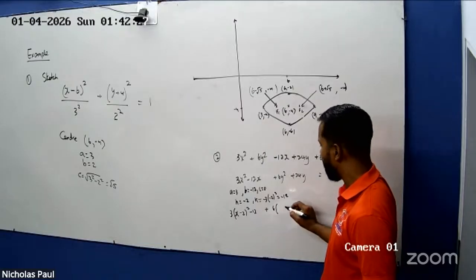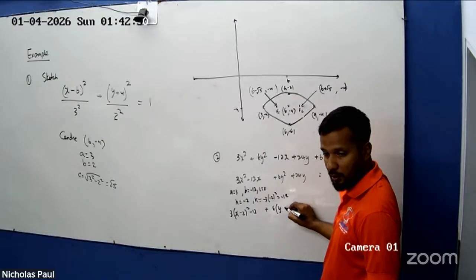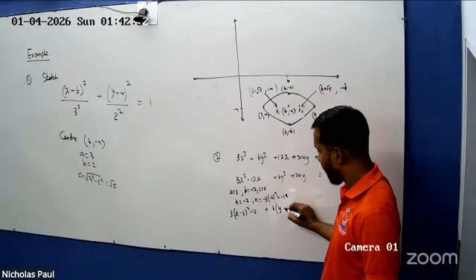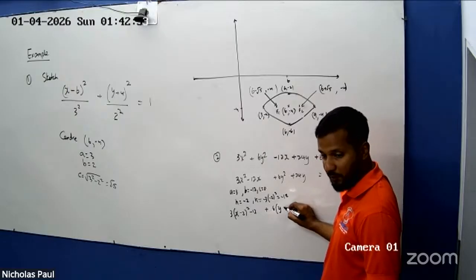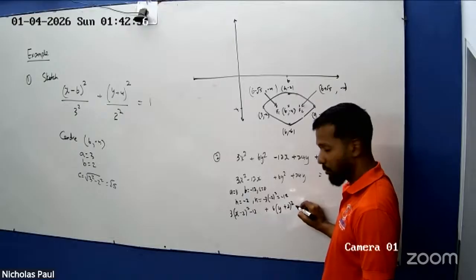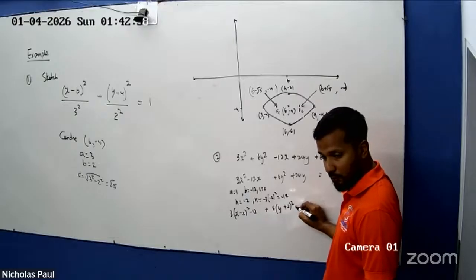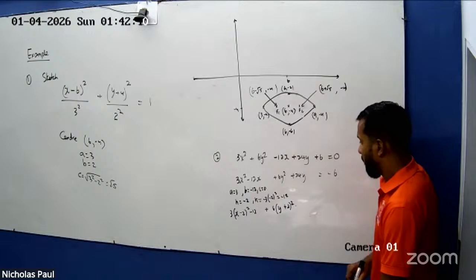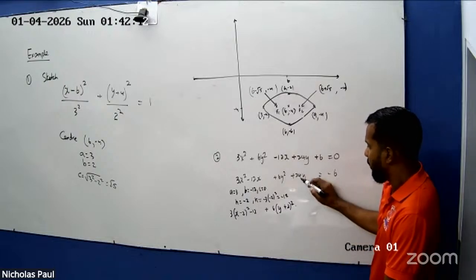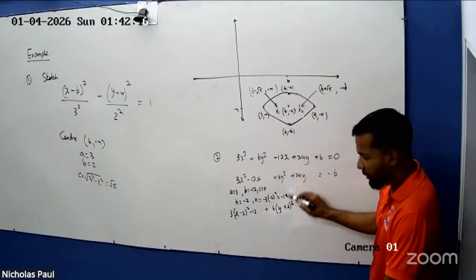Anybody found each one? What do you get for each here? Plus 2. You sure? There's b on 2a. So that'll be 12 minus 24 minus 12, positive 2.